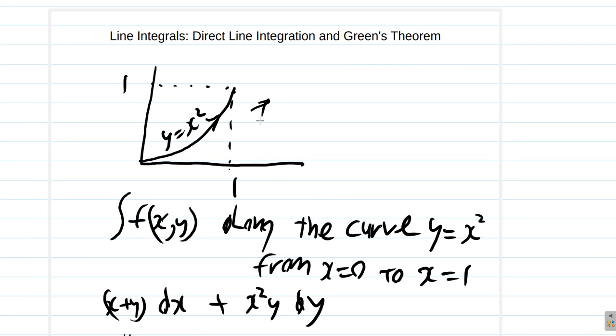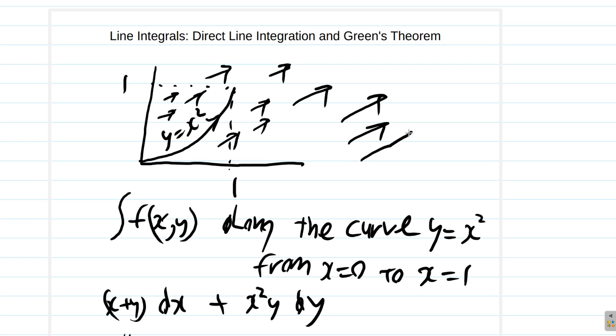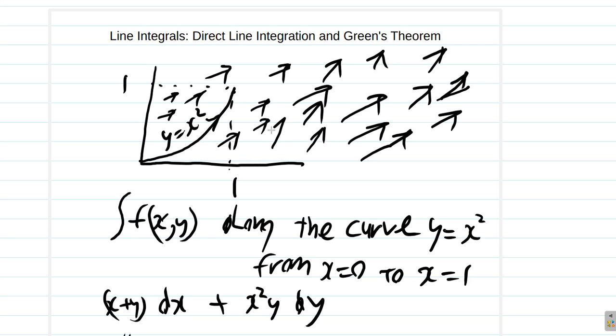So let's say you might have a vector field, and if you draw the vectors in the vector field, as you go out, the vectors get longer as x and y increase, all right? I haven't done the calculations for the vector field in detail, but I don't think they would have the same gradient.